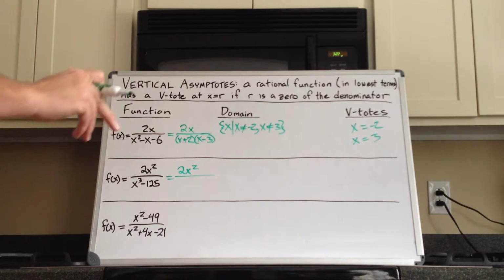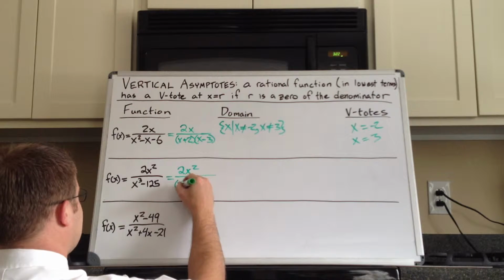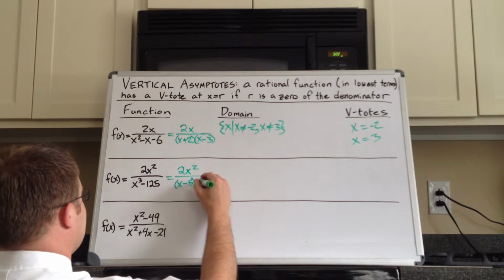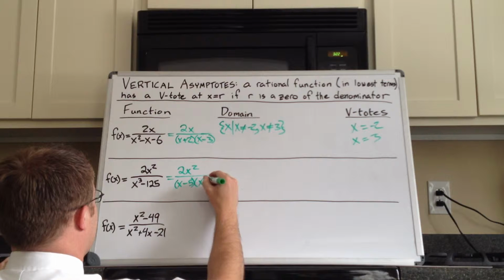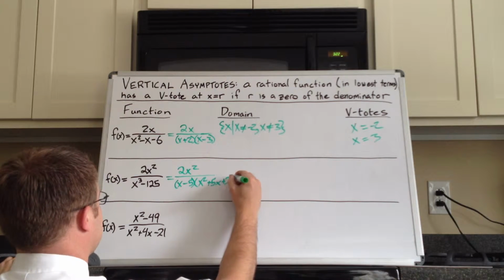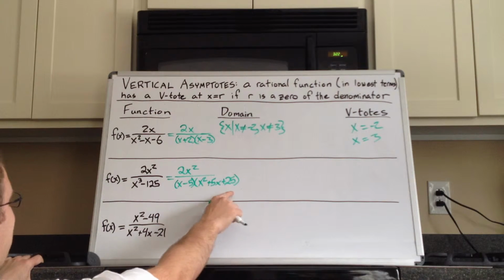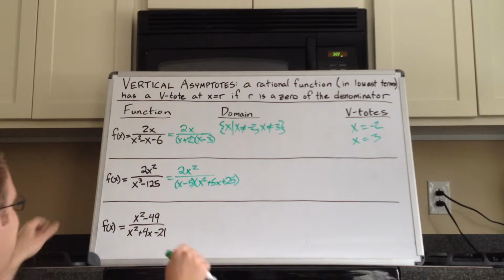The difference of two cubes can be factored as x minus 5 times x squared plus 5x plus 25. So if you multiplied this out, you would get back to x cubed minus 125.